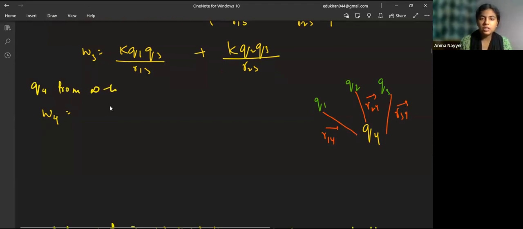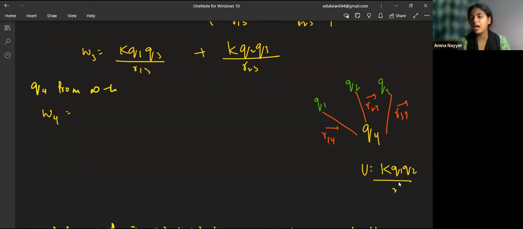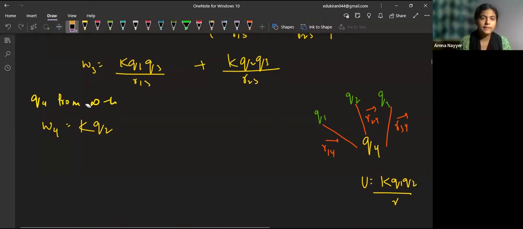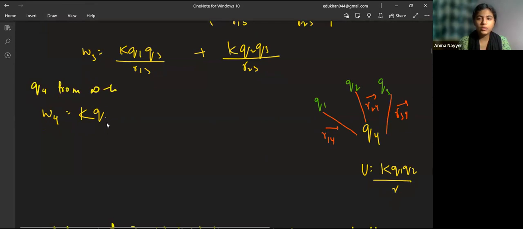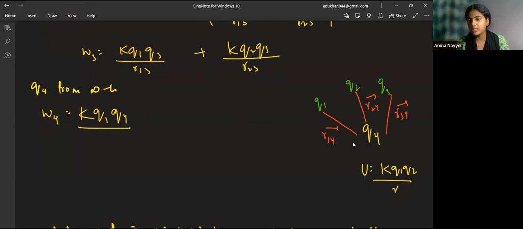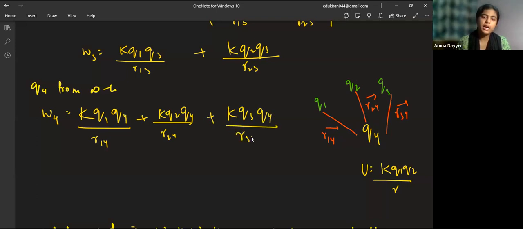What will be the potential energy? The general formula is K Q1 Q2 divided by R. So K Q1 Q4 divided by R14, plus K Q2 Q4 divided by R24. Third one, K Q3 Q4 divided by R34.